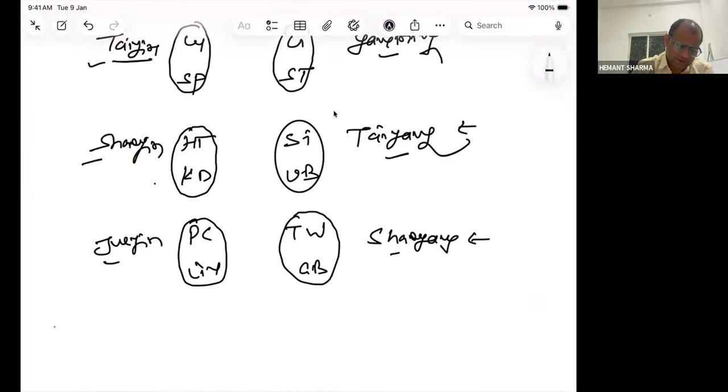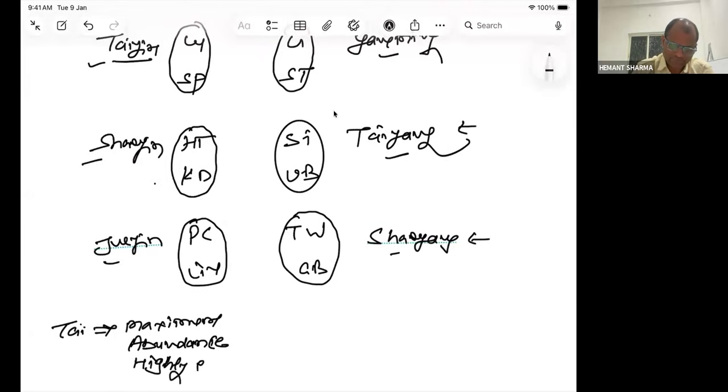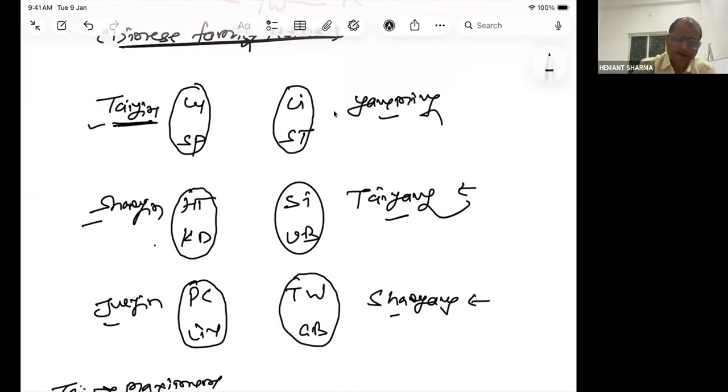Here, when we talk about Tai, the meaning of Tai is maximum, abundance, highly expanded. So if we say Tai Yin, it means maximum yin among all the meridians. If you want to see where the maximum yin power is, it is here, which is called Tai Yin.